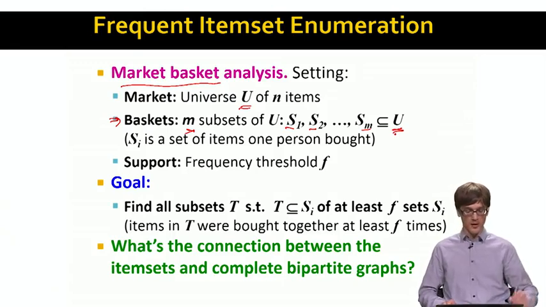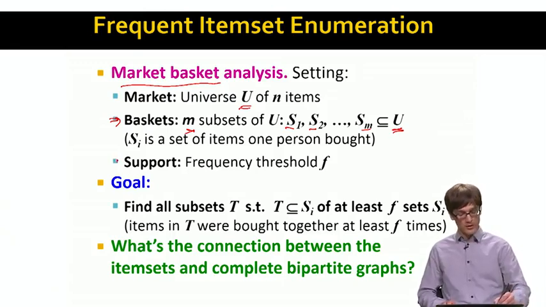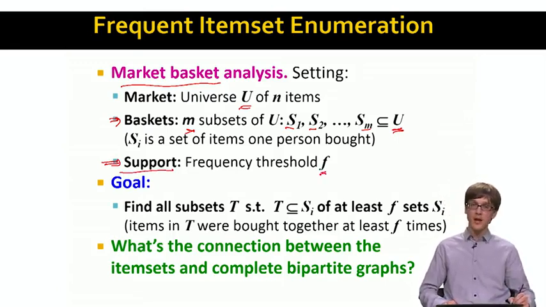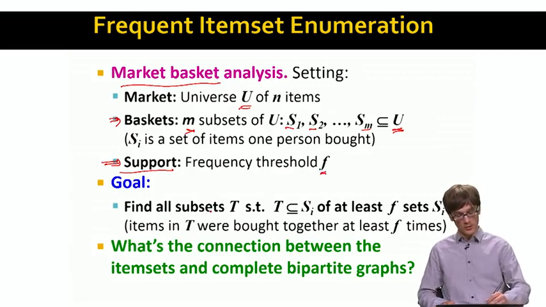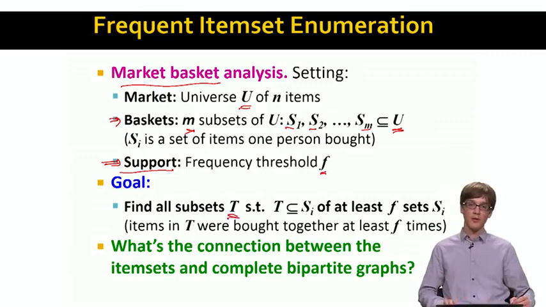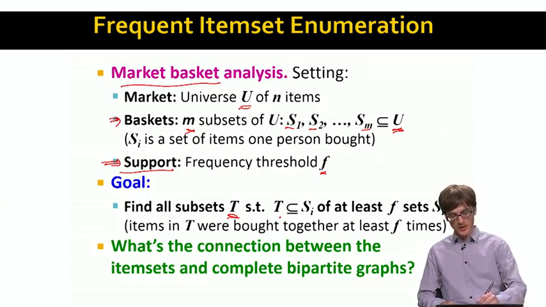Then the user also gives us the support threshold, which is simply the frequency threshold F. And our task is to identify subsets of items T, which we will call frequent itemsets, such that these are the sets of items that appear in at least F of the baskets. So F is the support threshold.